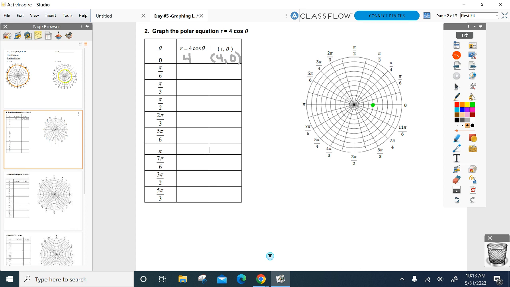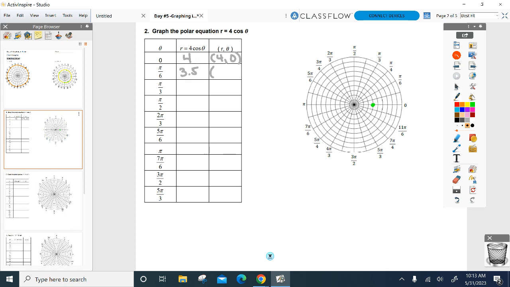All right, plug in now pi over 6. This is just a lot of calculations on the calculator, and then make sure you plot them correctly. So 4 cosine pi over 6, and we'll round to the nearest tenth so we don't get crazy. What's your r value here? About 3.5.